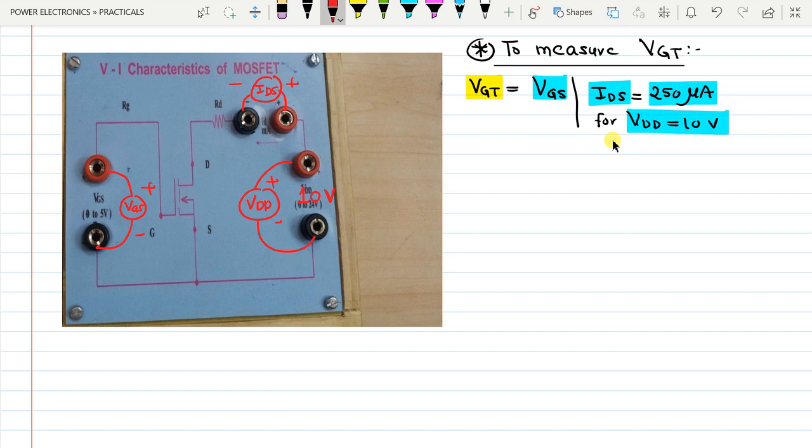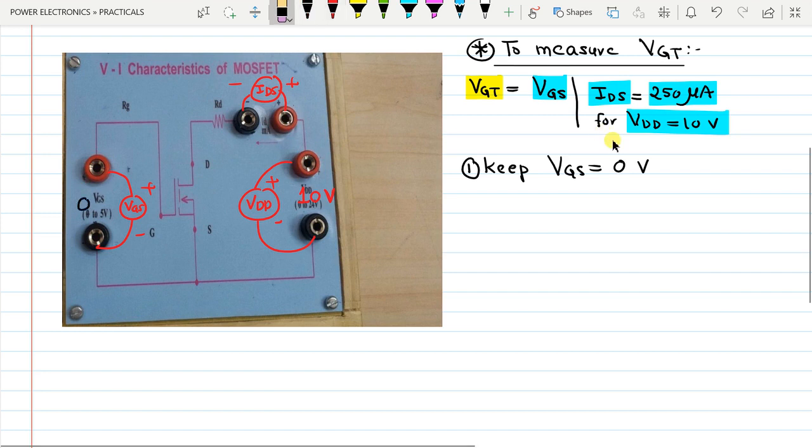The steps are: first, keep VGS equal to 0 volts.